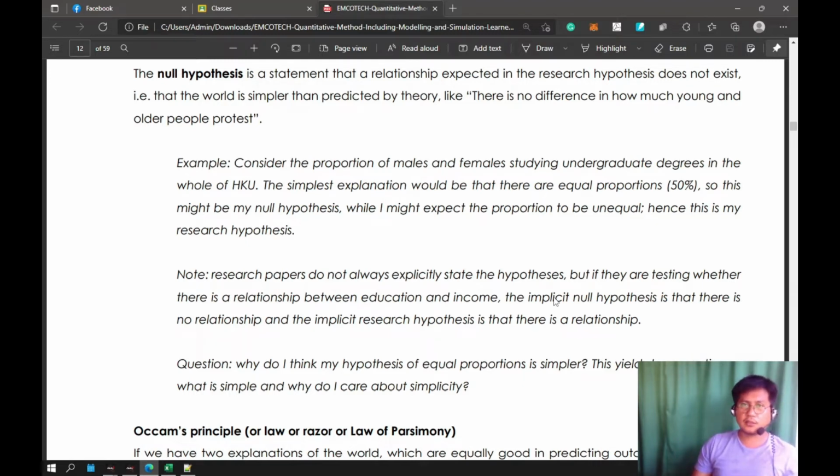But the null hypothesis is that there is no difference in the active participation of young people or older people when it comes to age. So maybe it depends on the political views or whatever topics the protest is anchored on. Okay, so that is the null hypothesis.